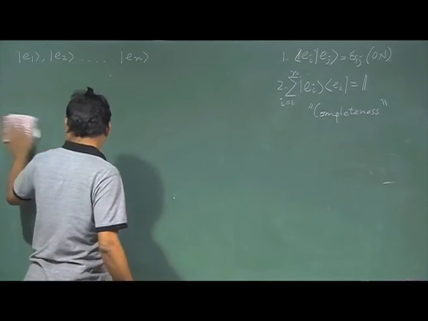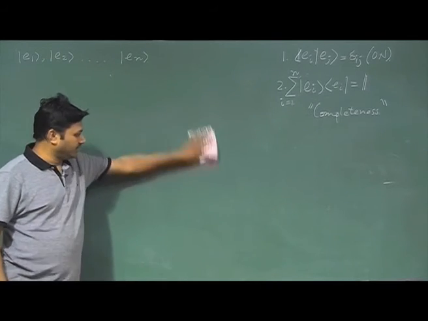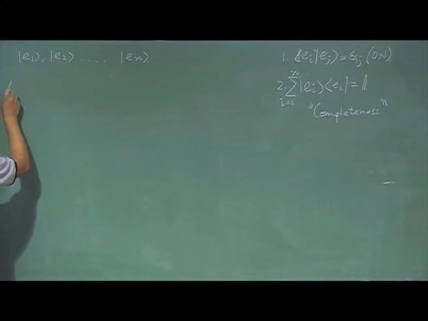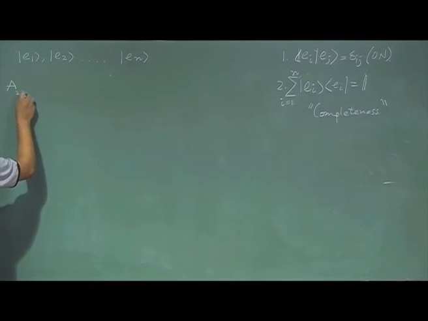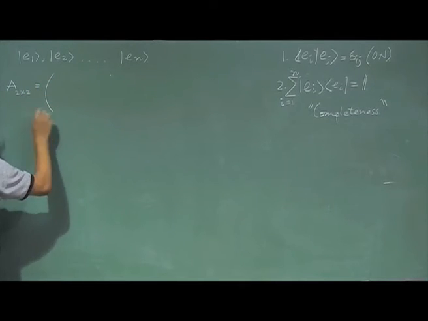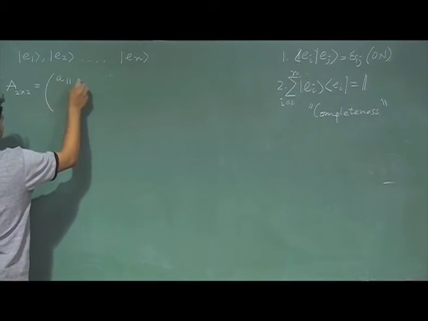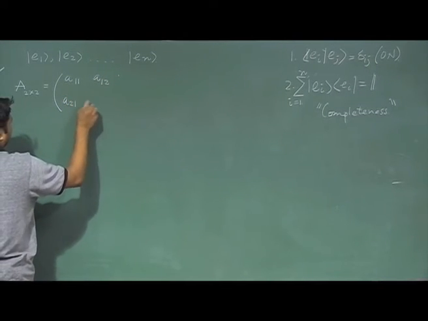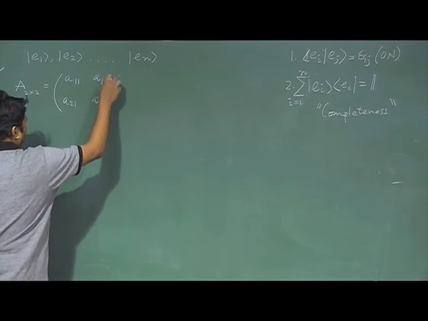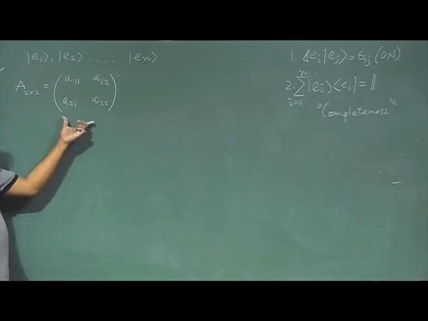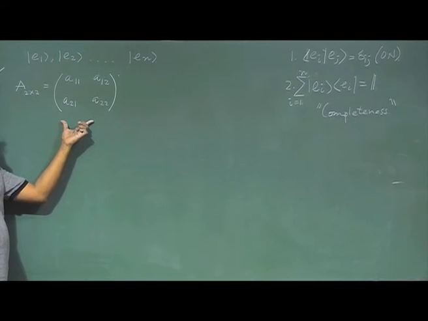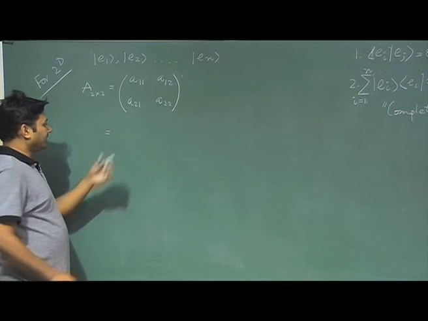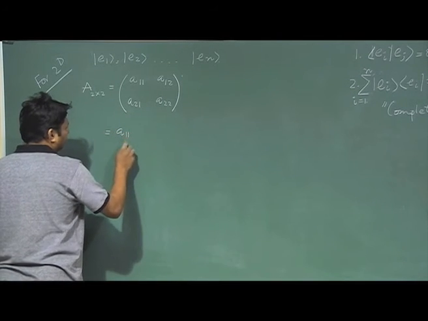So let me write it. Say a matrix in 2D, a 2 by 2 matrix. I write this matrix in component form, where these are the components. Please note that if I write this matrix in this form, I can decompose this matrix in this way.